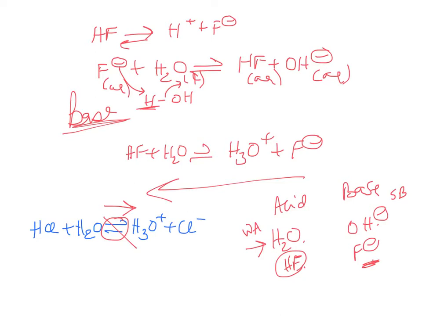This means that the reaction lies far to the right, because the Cl negative does not have an affinity for the protons, and so when chloride is put in water, it doesn't remove the protons from water molecules. So realize the subtle difference between HF and HCl, but it has big amplified effects.